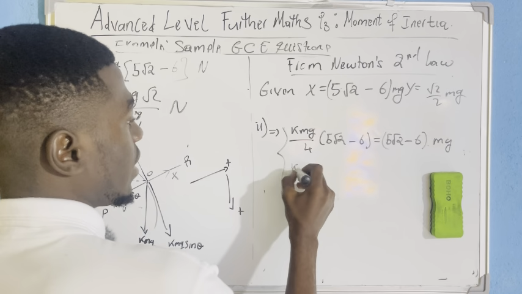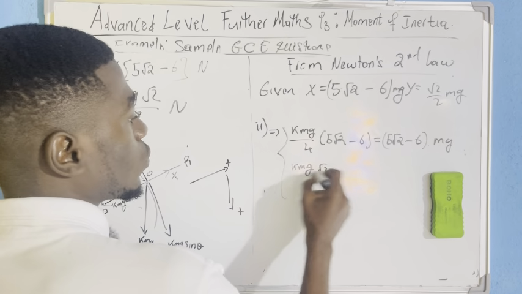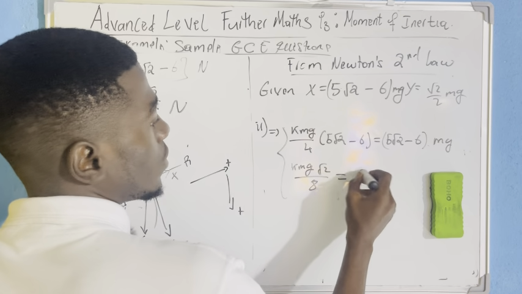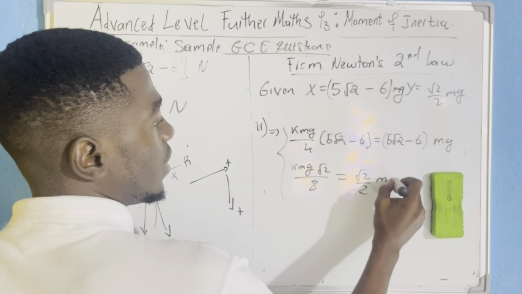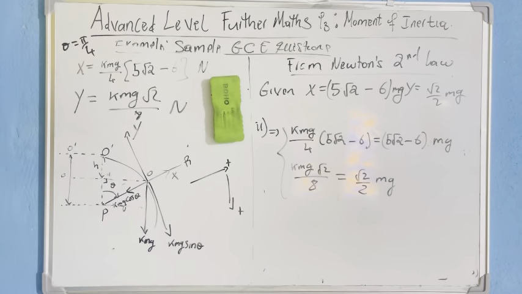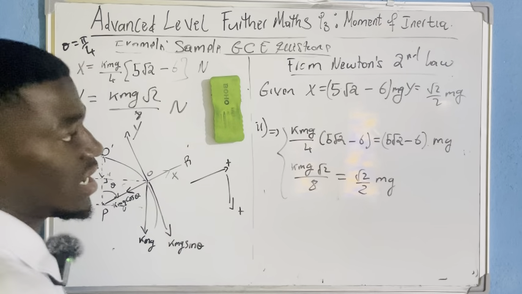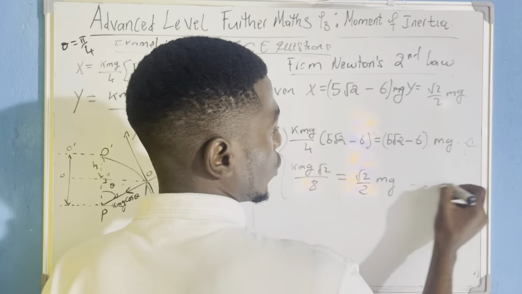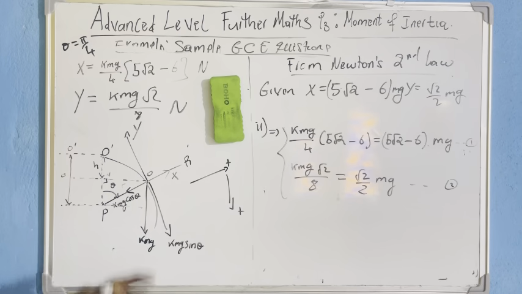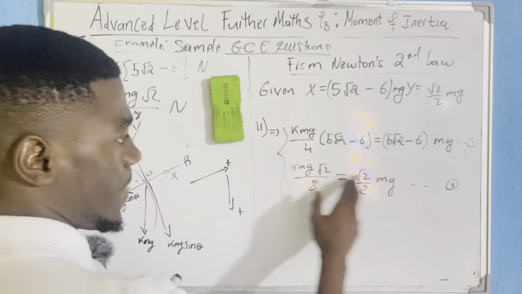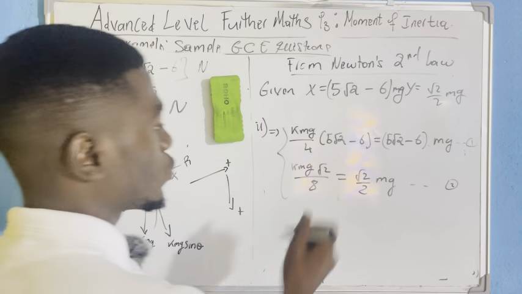It means that KMG root 2 all over 8 should give us root 2 all over 2 mg. So this is what they are saying. From here now, by doing the equivalence, you can find the value of K. I can use equation 1 or equation 2, any equation. I think the simpler one should be equation 2.